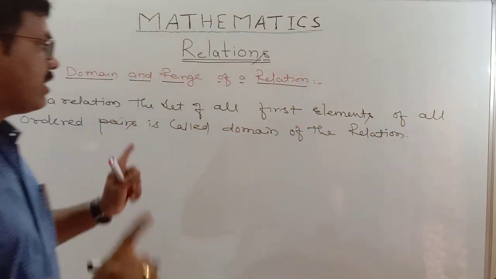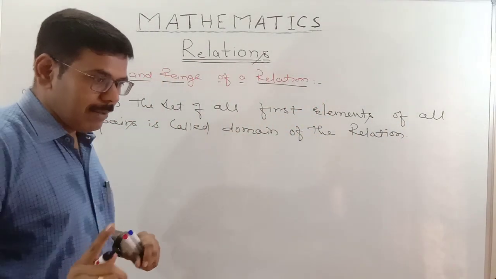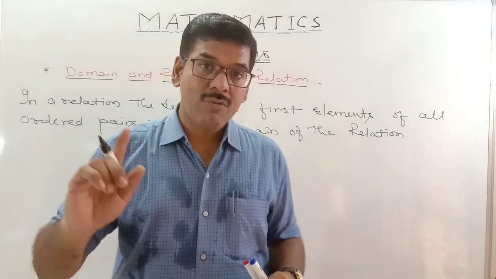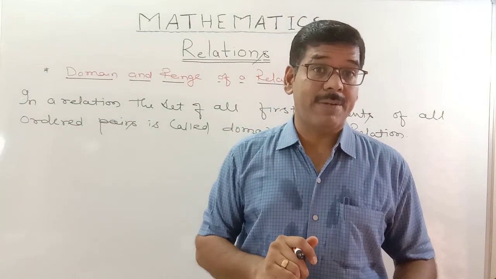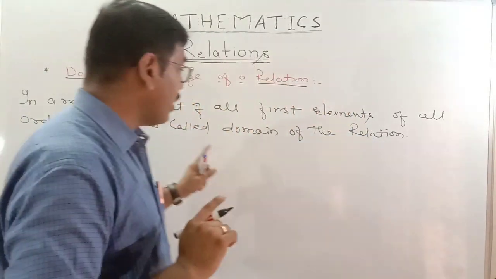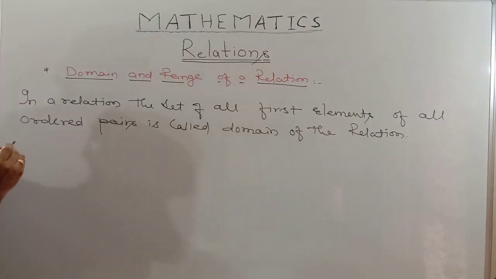As you know, a relation is represented in ordered pairs. So the set of all the first elements of the ordered pairs is called the domain of the relation.